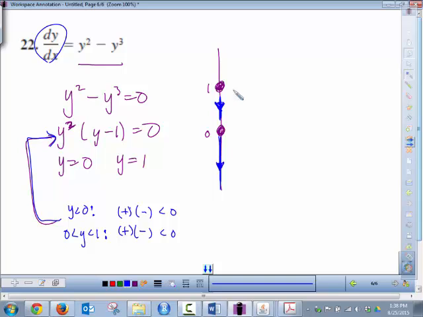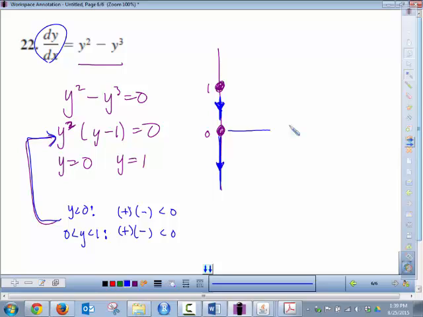What does that mean? That means if my initial condition happens between 0 and 1 in y, then I'm going to go as far down as 0. I'm never going to get a y value that's negative because I can't get past this equilibrium point. Okay? And we'll see the graph of the slope fields with this information.